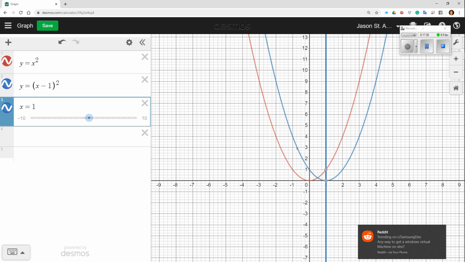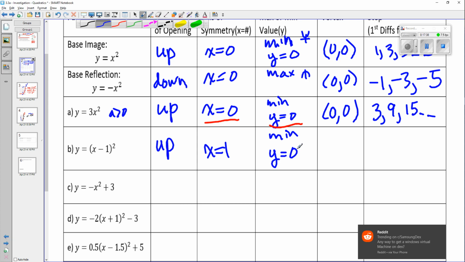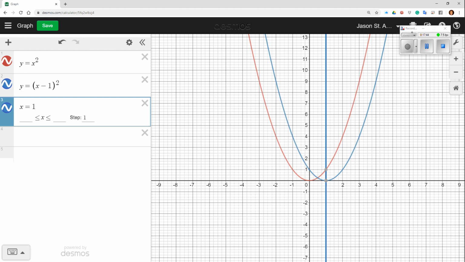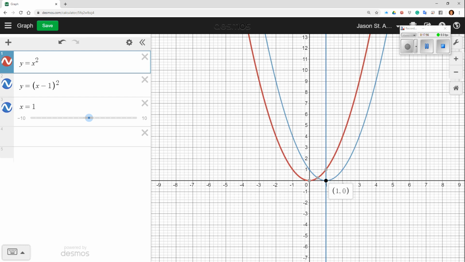So now our vertex, when we look at our graph, is right here. It's now (1, 0). So we've moved all the points over. It's only the x values that have moved. So our vertex is now, instead of (0, 0), which is right here, it's now turned into (1, 0).